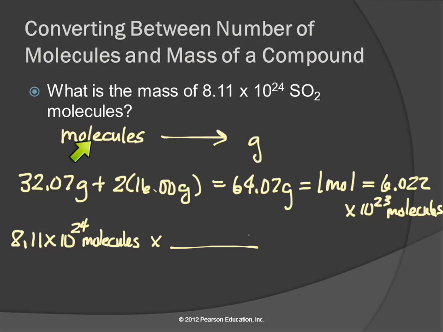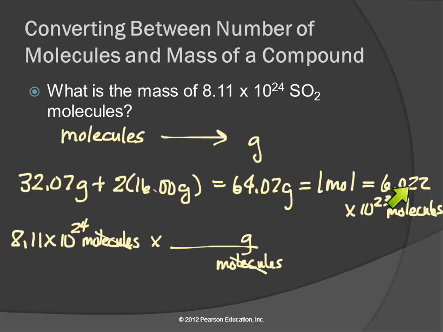What's our path? Molecules to grams. Multiply by grams, divide by molecules. So the molecules cancel out. We put the units in first because they tell us what we're supposed to multiply and divide by.